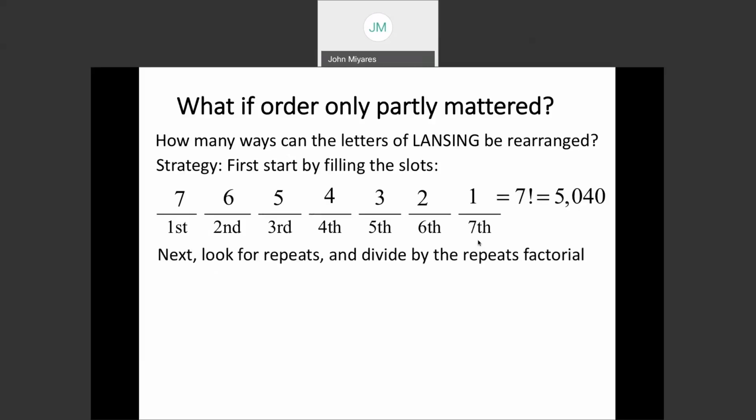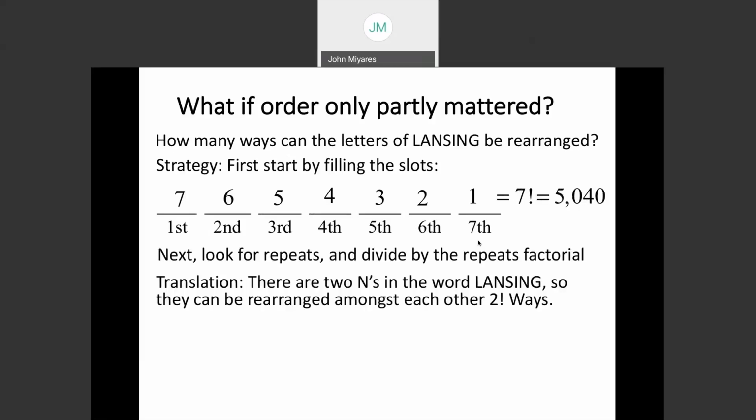Now let's look for the repeats. There's 2 N's in the word Lansing, and they can be scrambled up 2 ways, or more specifically, 2 factorial ways. To demonstrate this, if I was to make one of the N's red and the other one blue, we can see that if I swap one for the other in one of the rearrangements, like this one I'm showing here that looks like ninlags, the 2 N's could swap places and I would still have the word ninlags here.